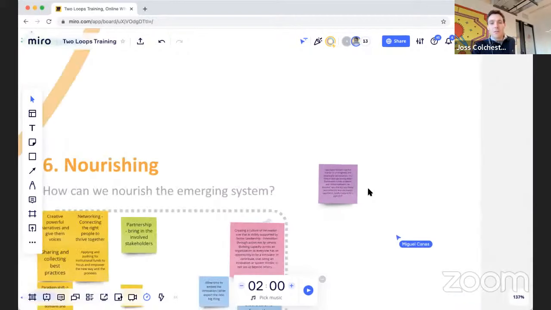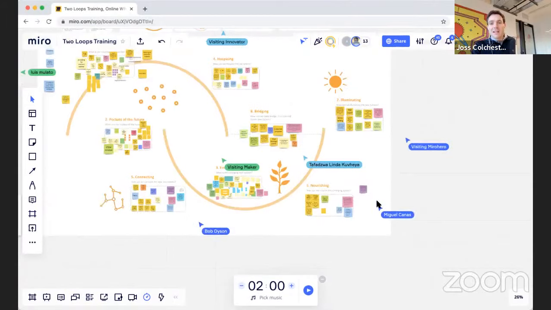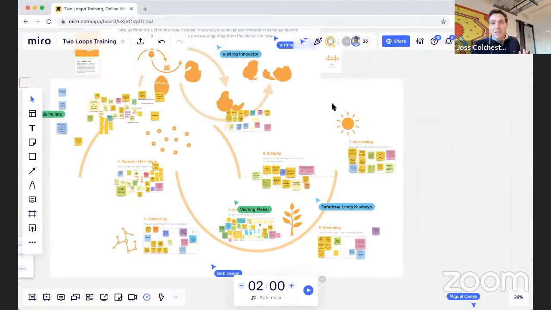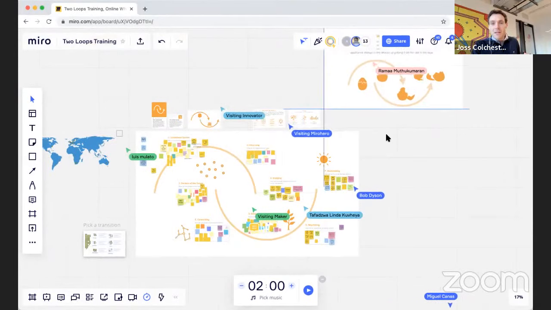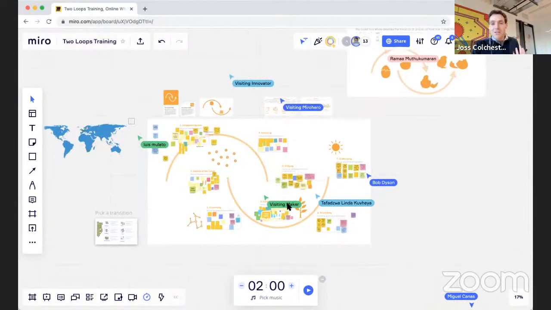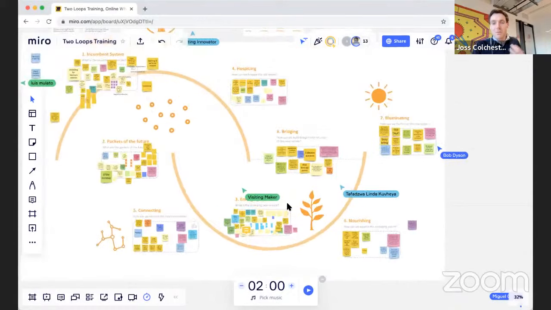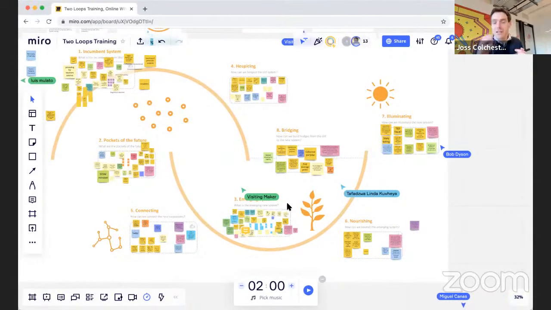So of course, the thing to remember here is that systems change is a lot about conversations. So what we're doing here is enabling conversations. You should always remember these canvases are not solutions. We talk about them like tools as if they're technologies. They're not. They're frameworks for people to have conversations, for everybody in the system to come together and have that conversation. And that's such a powerful thing, because often we're off in our different worlds.